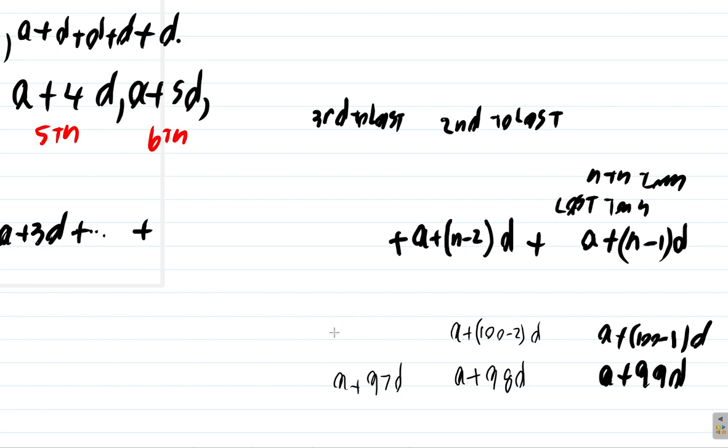But 97d, this would be a plus 100 minus 3d. So, our third to last term would be a plus n minus 3d. Alright? And so on. So you see that?